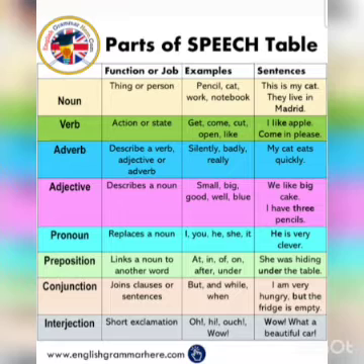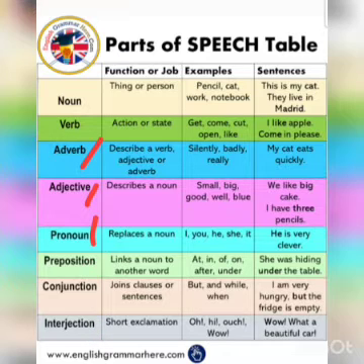So in parts of speech, what do we have? We have 8 parts of speech. Those are noun, verb, adverb, adjective, pronoun, preposition, conjunction, and interjection.